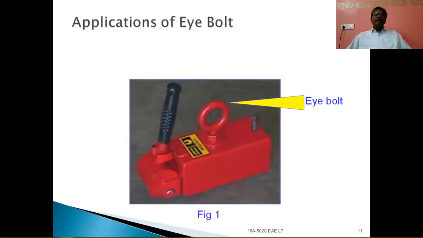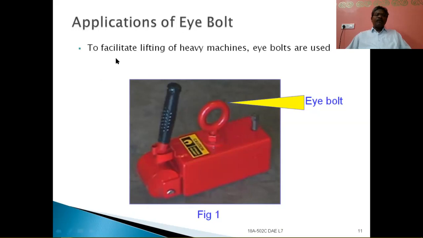So some of the applications of an eye bolt. Here you can see an eye bolt. This is a simple eye bolt, right?